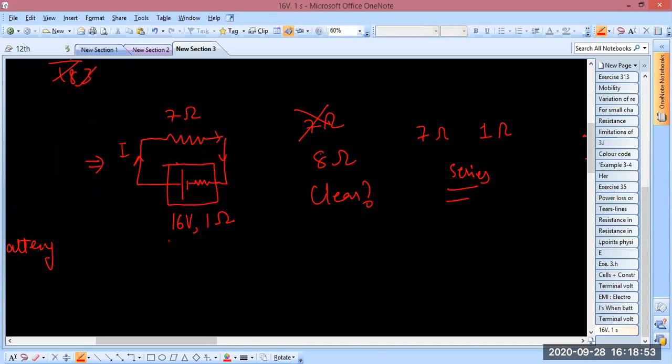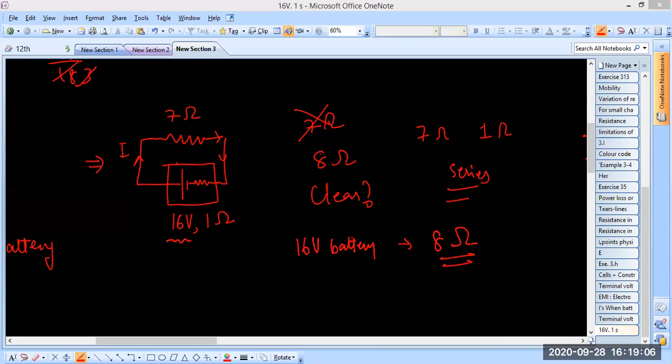Now this 16-volt battery has to give current through 8 ohm. Clear? 16-volt battery has to pass current through 8 ohm.